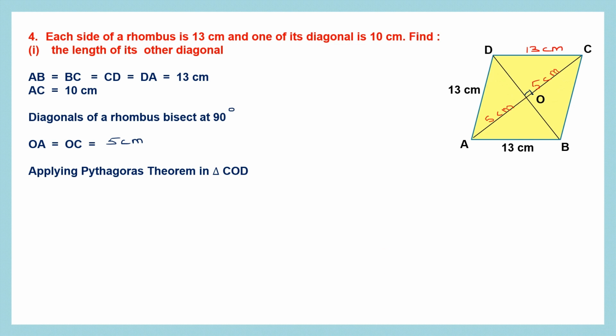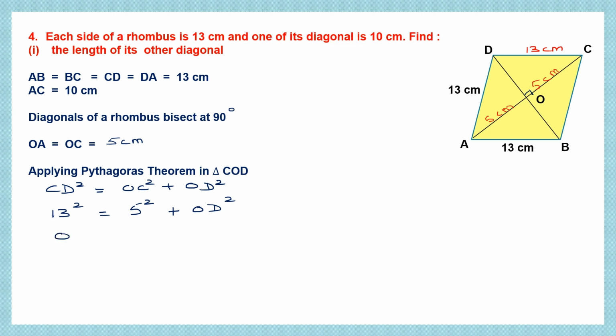So let's write that. Applying that, we can say CD square is equal to OC square plus OD square, and we need to find OD. So now CD square is 13 square, equal to OC is 5 centimeters, that is 5 square, plus OD is what we are going to find out. So OD square.